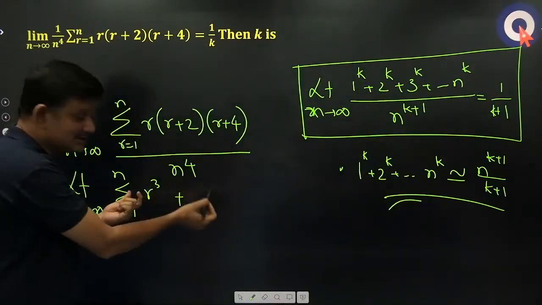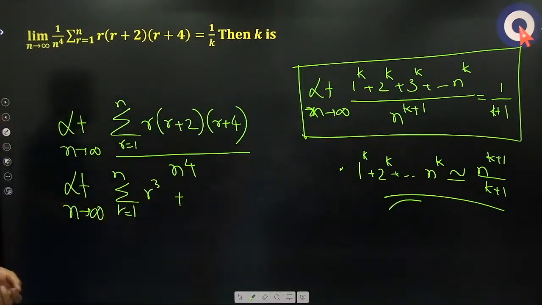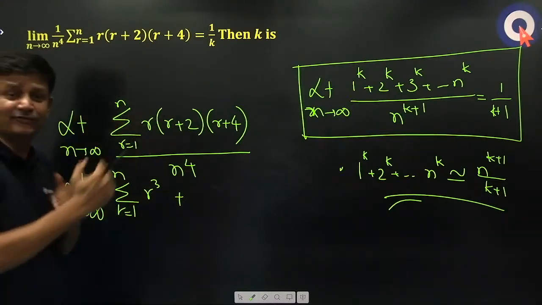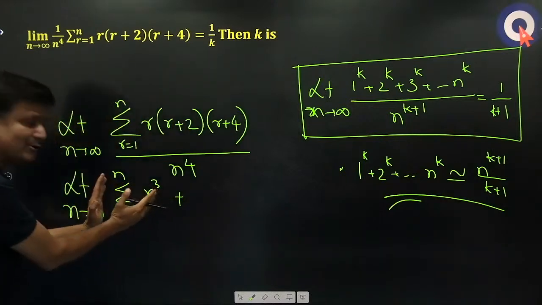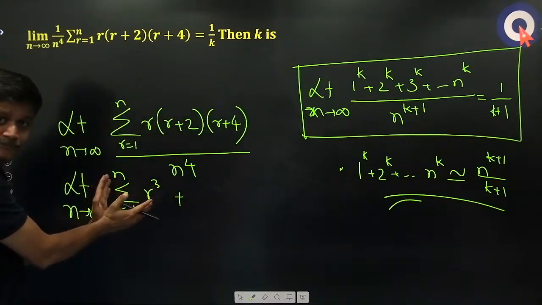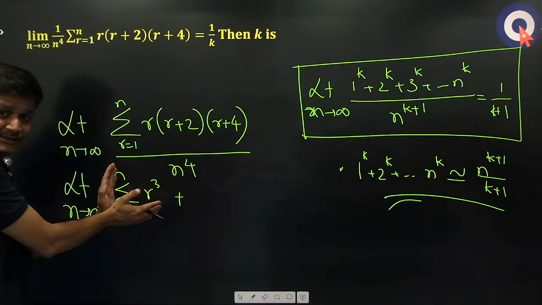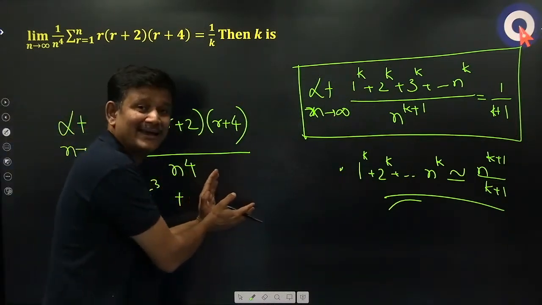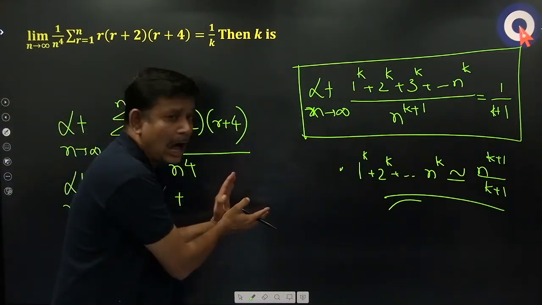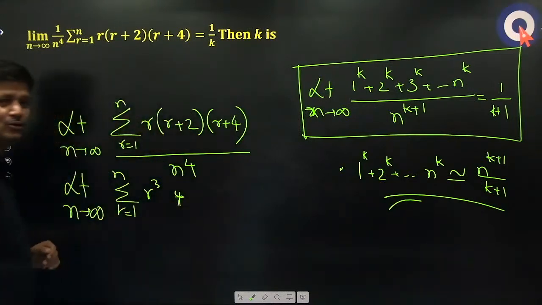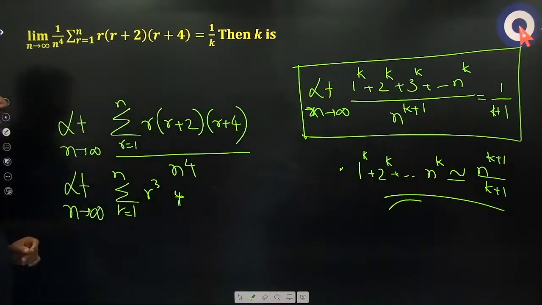And in front of n power 4, what will n cube be when n is an infinitely large number? Because n is an infinitely large number and this is equivalent to n power 4, while n power 4 is there, will n cube make any sense in the question? Absolutely no. So simply ignore the term sigma r square.